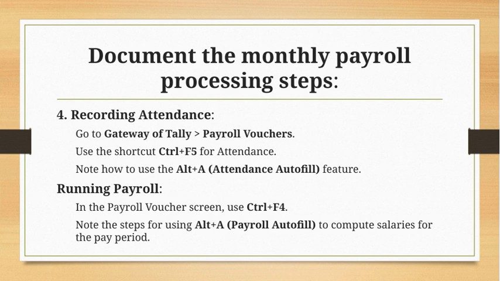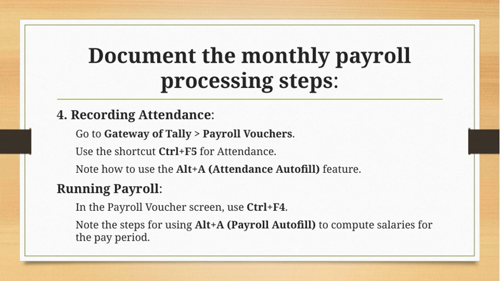Next, when it comes to running the payroll, you'll be in the payroll voucher screen. Here, you can use the shortcut Ctrl+F4 to activate the payroll processing. Just like with attendance, there's an autofill feature, Alt+A, that helps you compute salaries for the pay period efficiently. Using this feature, Tally automatically calculates the wages based on the attendance data and other parameters you've set, streamlining the entire payroll process.